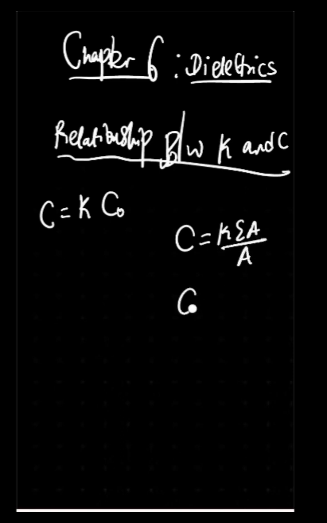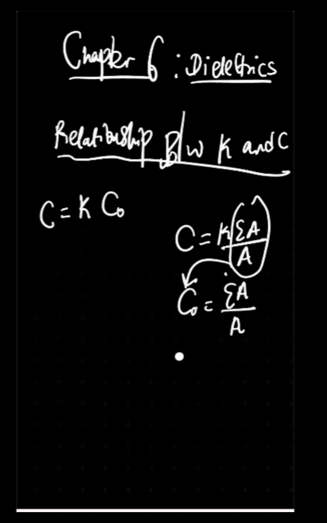And we said that when it is air, when it is in vacuum, there will be no K. So this C naught is the capacitance of vacuum, while this C is the capacitance at any point. So what's the difference between this and this? Everything here can be replaced with this, because they are the same thing. So if I substitute, C will be equal to K C naught. So that's how we have that formula.